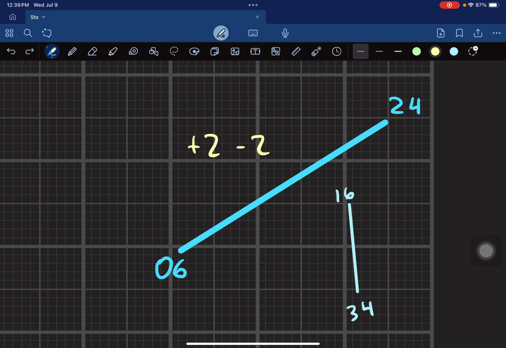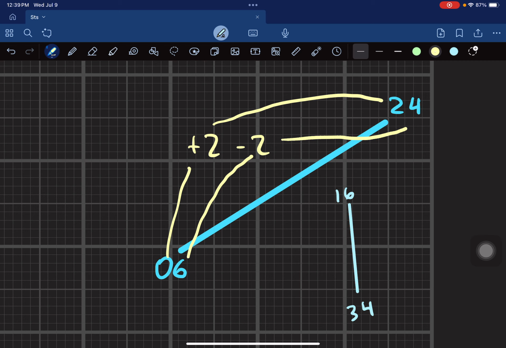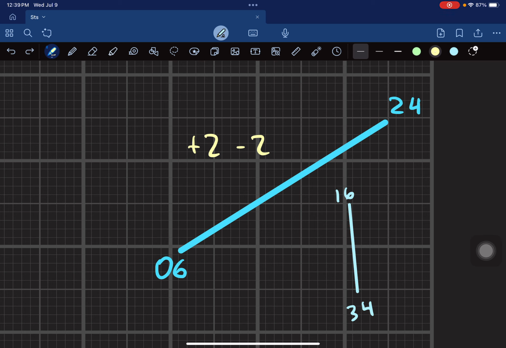So 0 + 2 is 2. 6 - 2 is 4. And we can use it in the same way here. 1 + 2, 3. 6 - 2, 4.